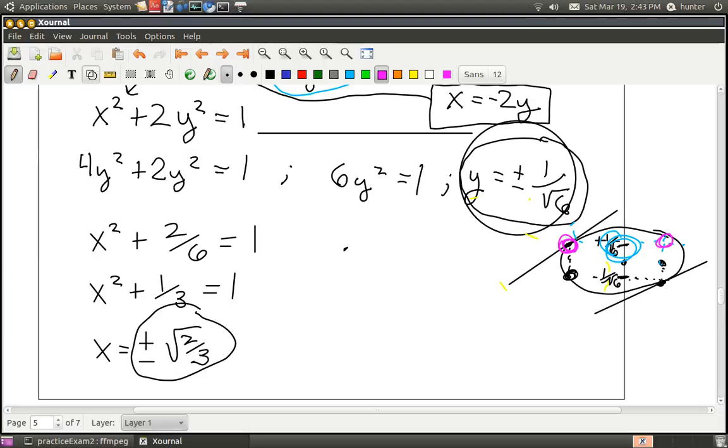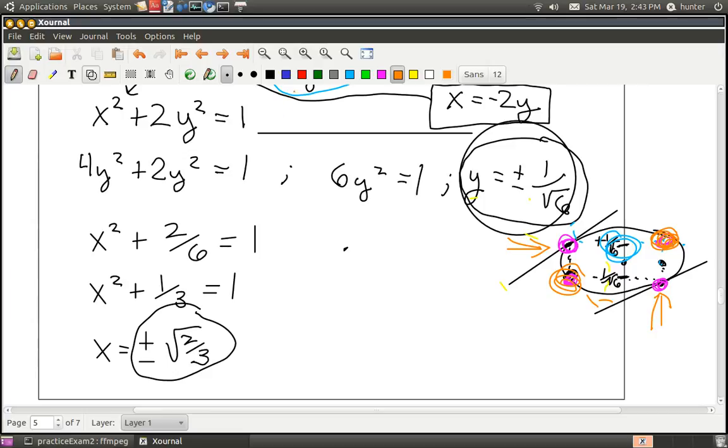This is going to be the positive y and the positive x. This is going to be the positive x and the negative y, and this one's going to be the negative y and the negative x. So these two are not really the answer. At those points it looks like the slope is actually going to be -1. So these are the solutions: that one right there and that one right there.